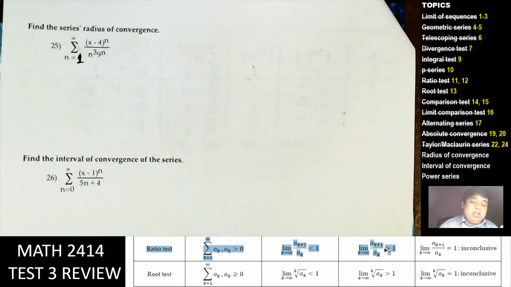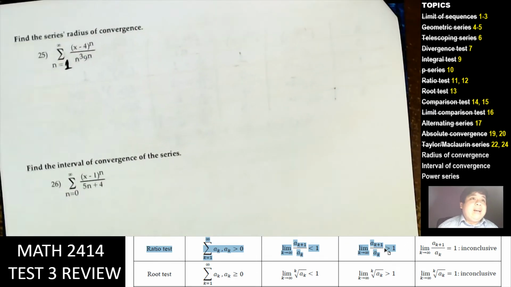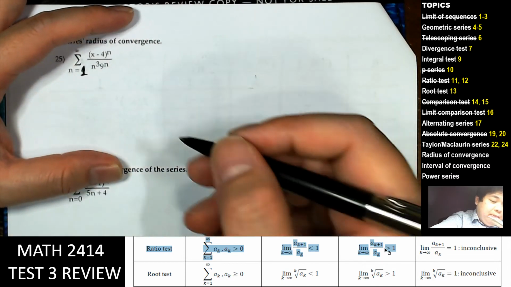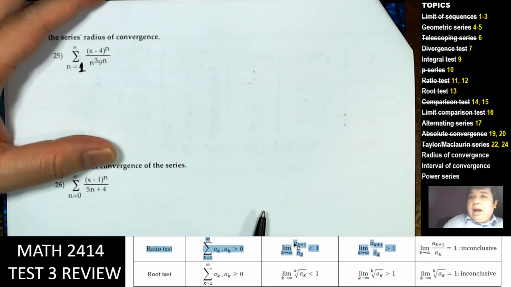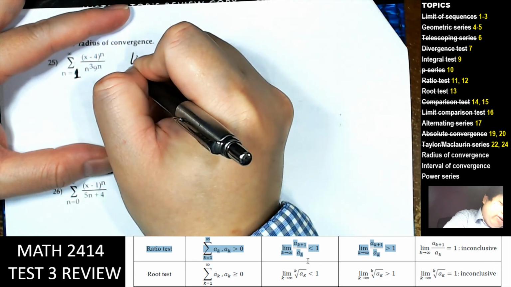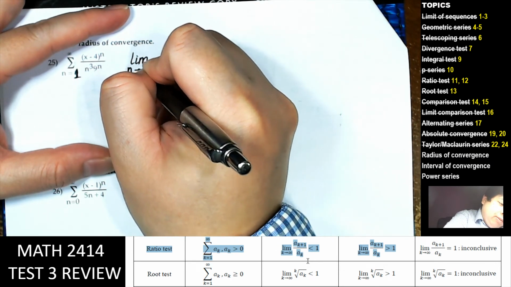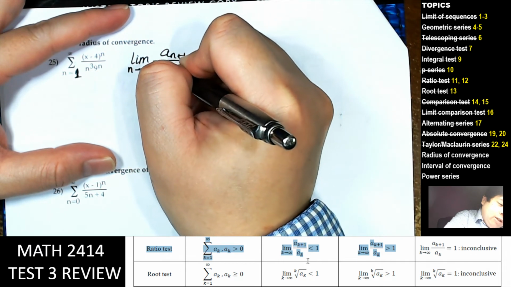It's not just the index n. We should have an x in here. So we're going to take the ratio of a of k plus 1 over a of k. So in this case, we take the ratio of a of n plus 1 over a of n.